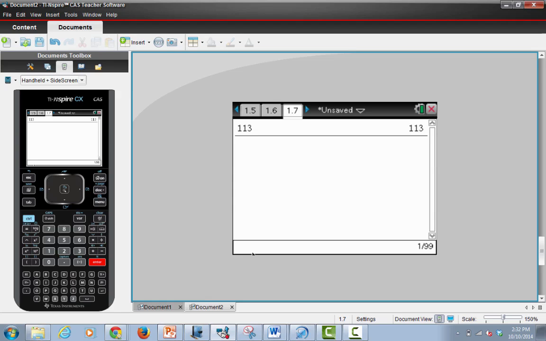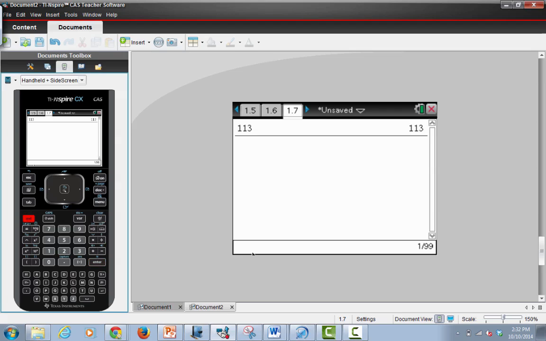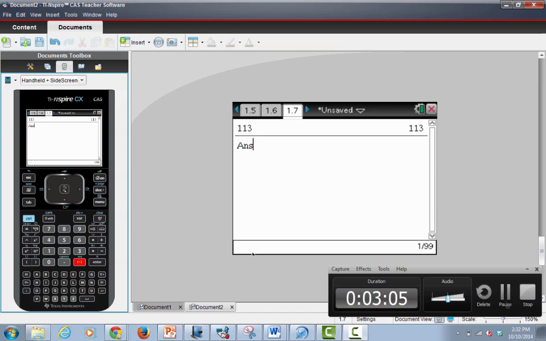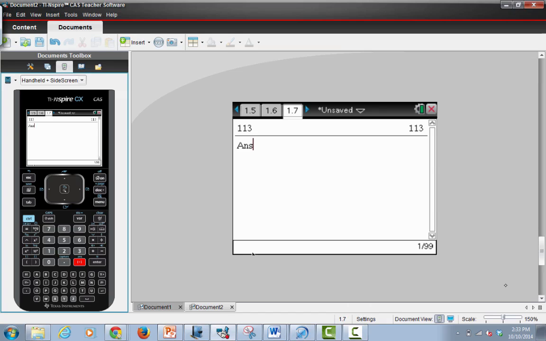The next thing I'm going to do is I'm going to go to control, click on control, and then go down to this little negative sign. Right above that negative sign there it says ANS, answer. Okay, so once you hit answer, the ANS button, you're going to say plus, right?